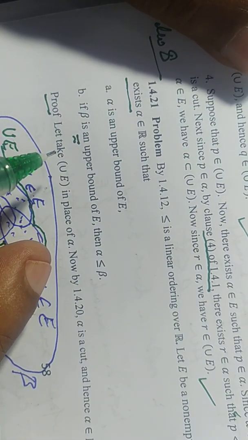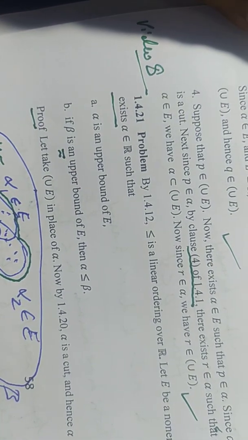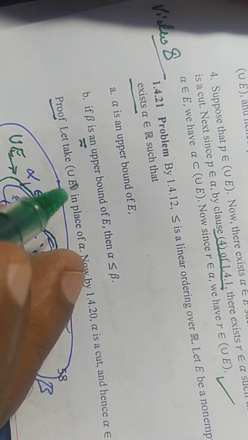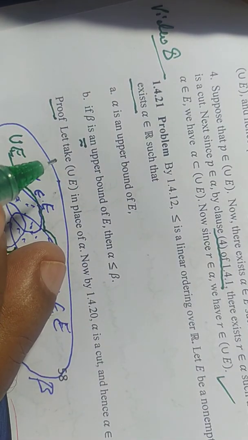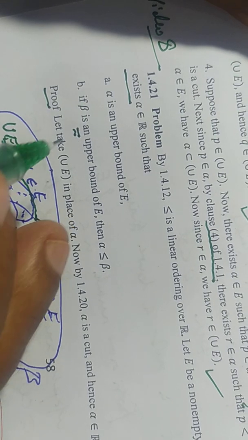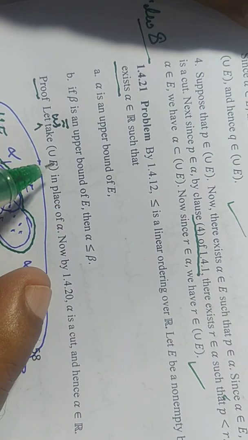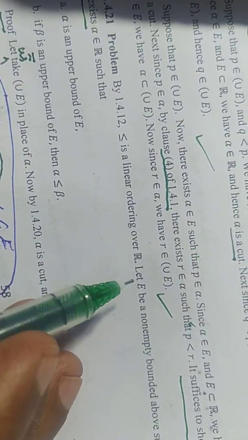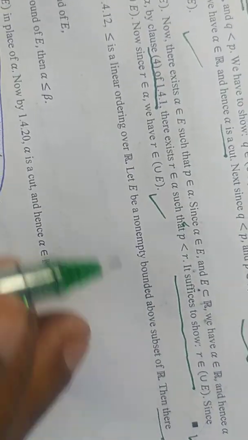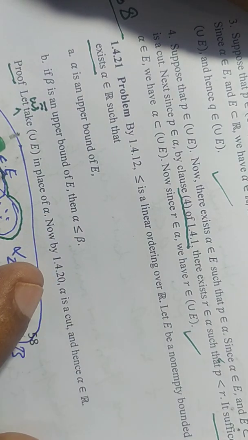Proof. Its proof is simple because a lot of work has been done already, so there are very few things we have to prove. Let us take union of E in place of alpha.